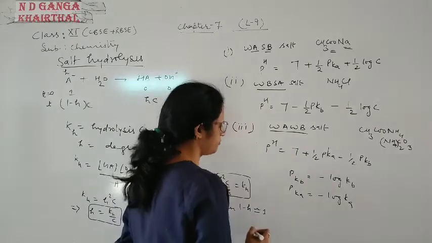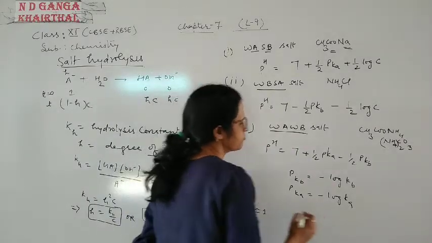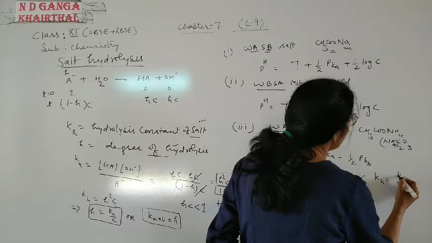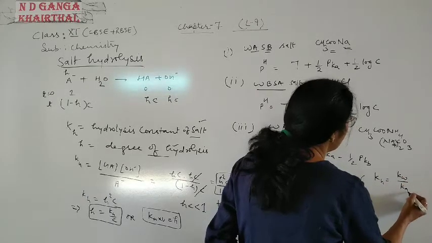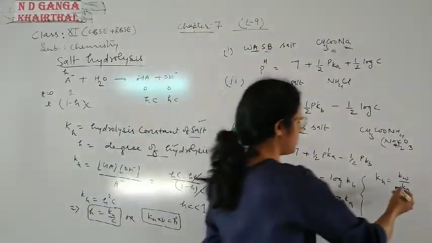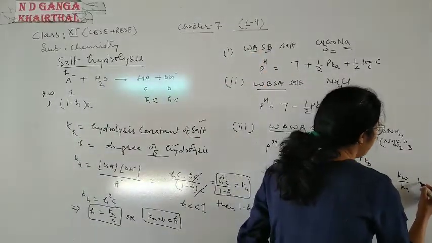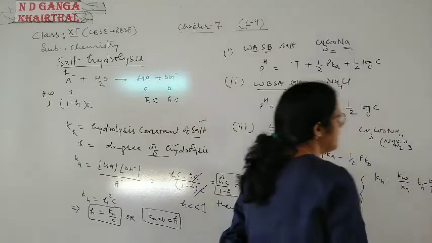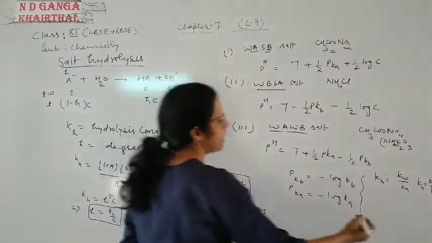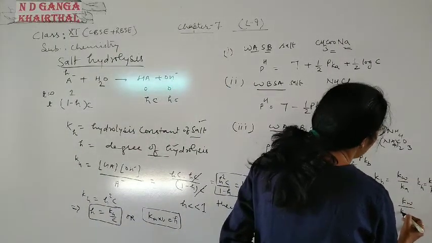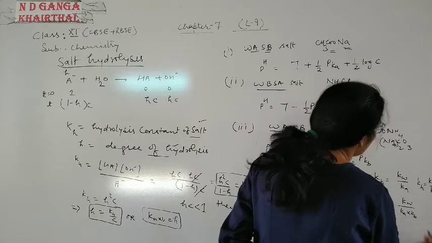Okay? Clear? Kh will be Kw by Ka if the acid is weak. If the base is weak, then Kh is Kw by Kb. If acid and base both are weak, then Kh will be equal to Kw upon Ka into Kb.